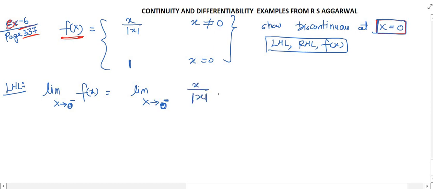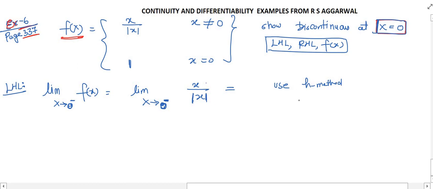Now, if it is a plain polynomial function, then directly we can put 0 and solve for left hand limit. But if there is a function which has some numerator and denominator, or which has some modulus, so always we use H method to solve it.